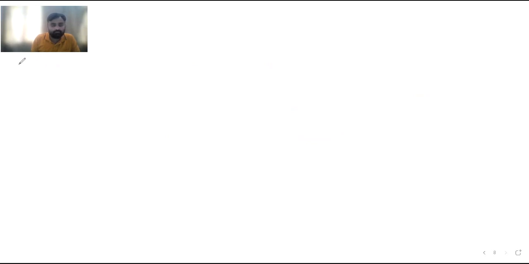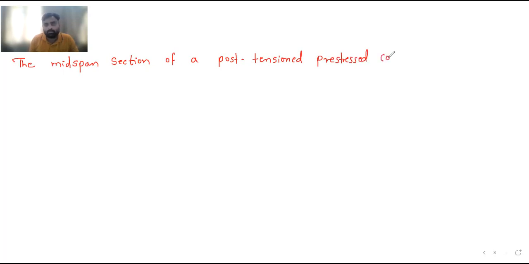The midspan section of a post-tensioned prestressed concrete girder of span 20 meter has the following dimensions.